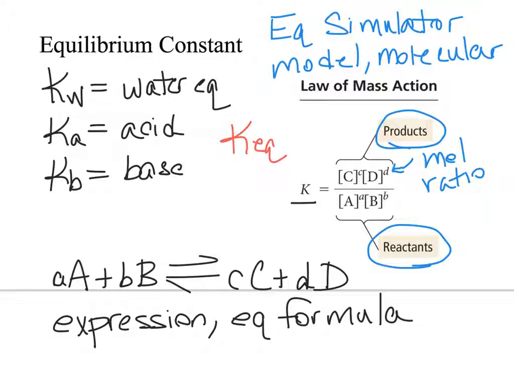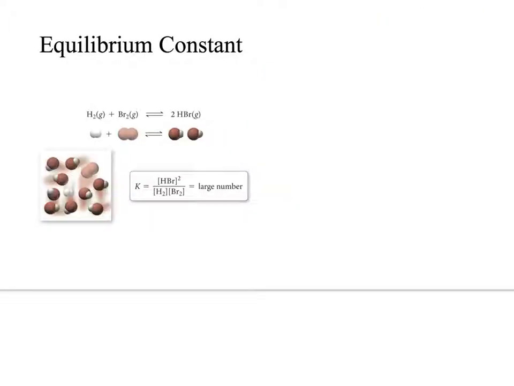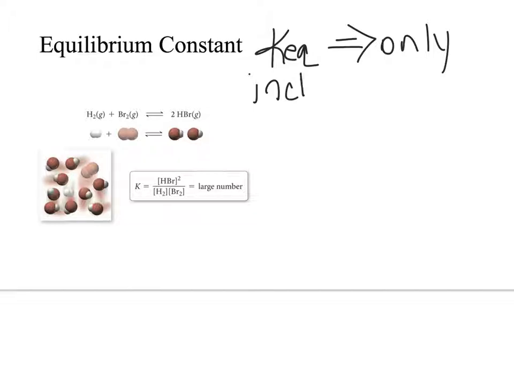Later on, we will solve problems using the equilibrium constant and different concentrations of C, D, A, and B. One of the things that I need to point out about equilibrium constants is we only include gases, or things in the gas phase, and things that are aqueous.